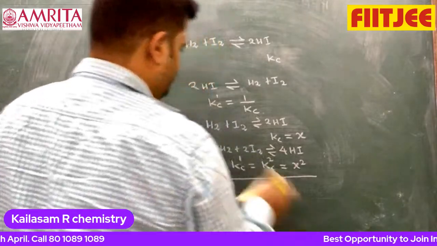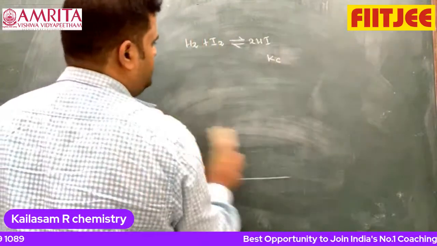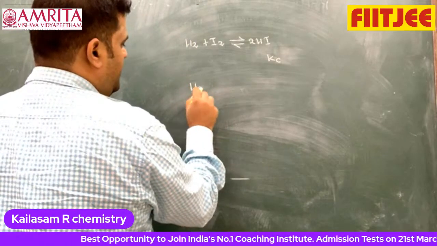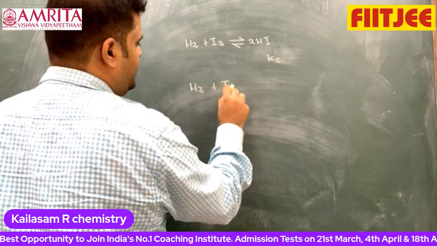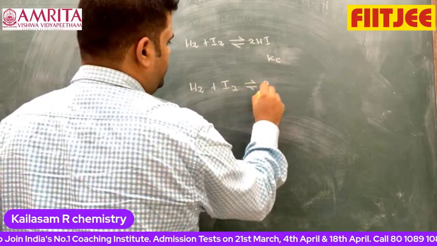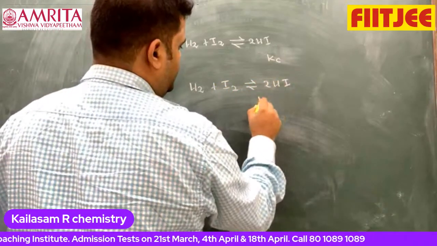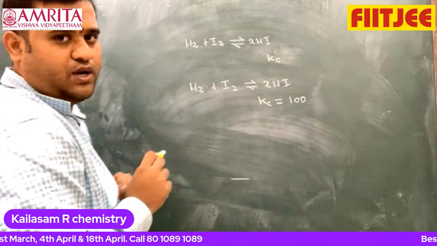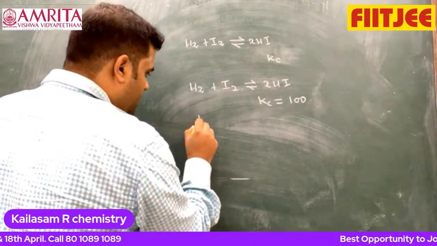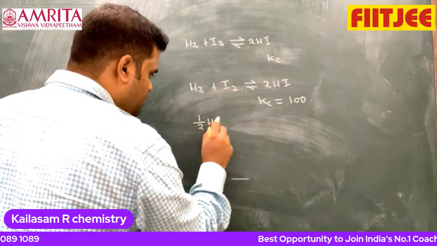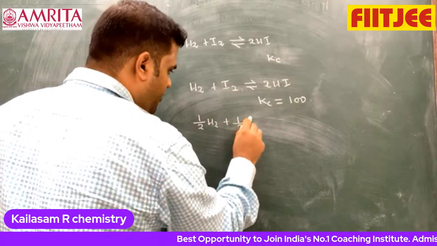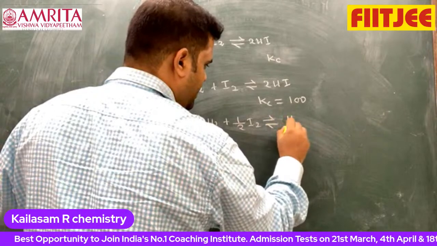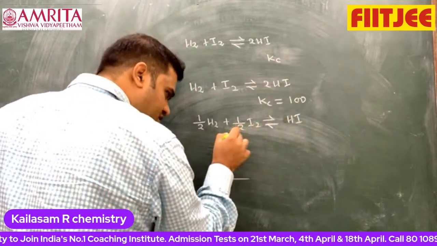Suppose I'm taking the same reaction, H2 plus I2 equilibrium 2HI, with Kc equal to 100. Now half H2 plus half I2 equilibrium HI. What is the equilibrium constant of this reaction?